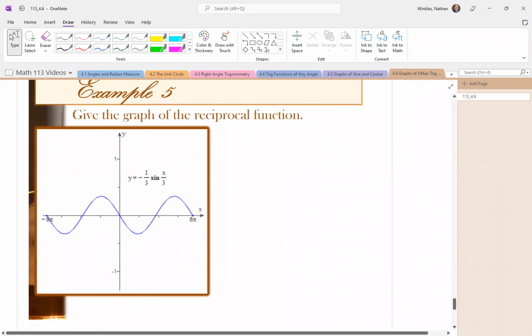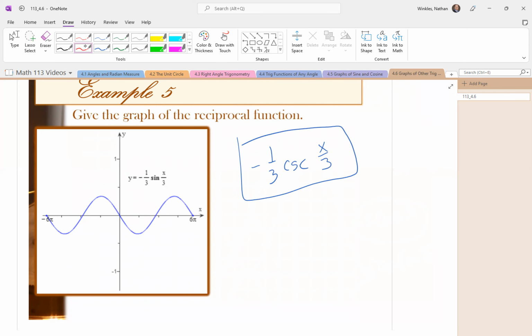We're told to give the graph of the reciprocal function. Our reciprocal function just simply means -1/3 cosecant of x over 3. So our cosecant is based off of this right here. The first thing is we would have asymptotes everywhere it's a 0.